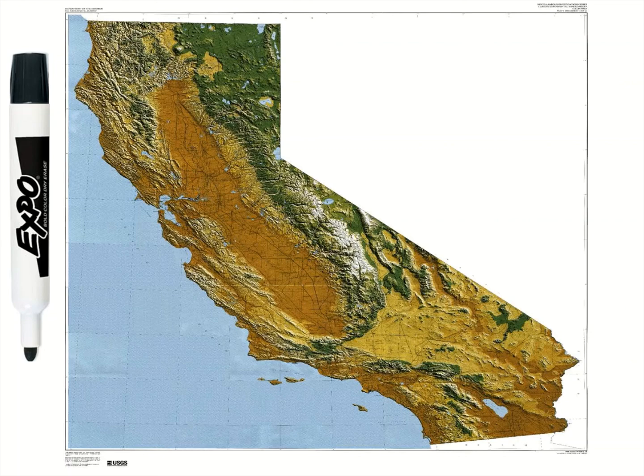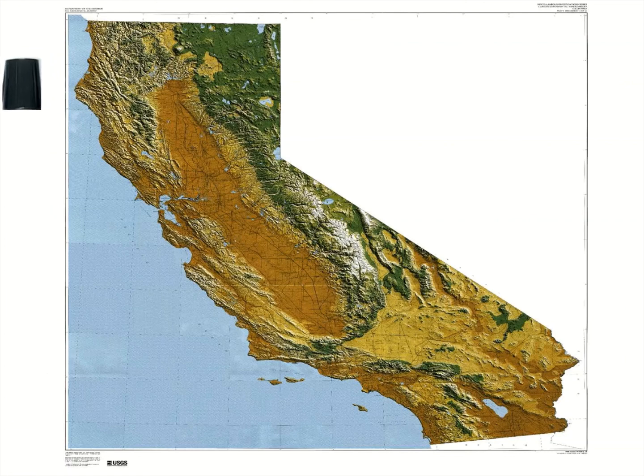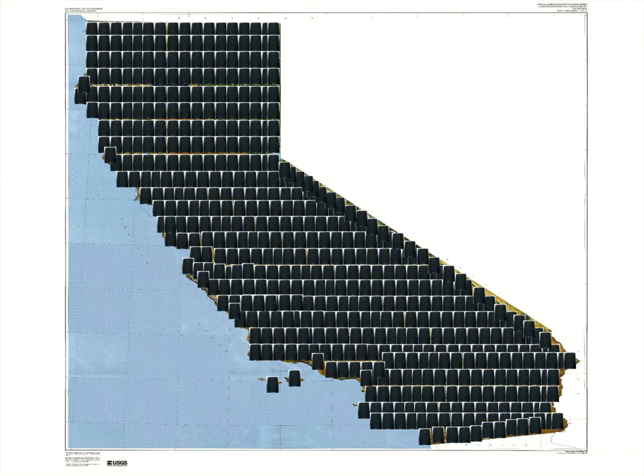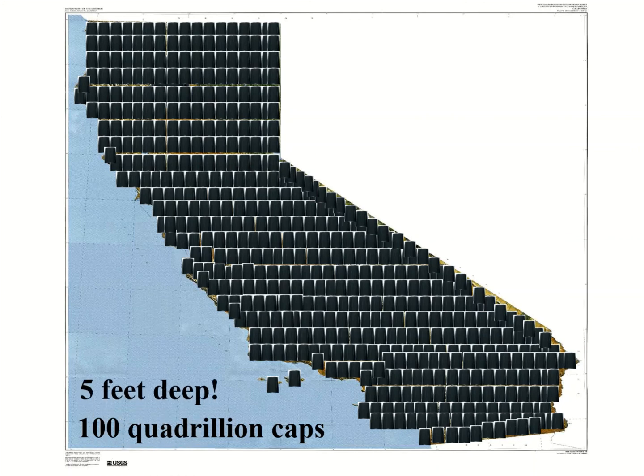We're going to assume the lakes and the rivers are dried up or frozen, and we're going to do this. It will look like that. So you notice I even put some on Catalina Island and some of those other islands. That's 100 quadrillion caps. How many caps does that happen to be? Well, these caps will cover the state 5 feet deep. Actually deeper, but we'll just say 5 feet deep.